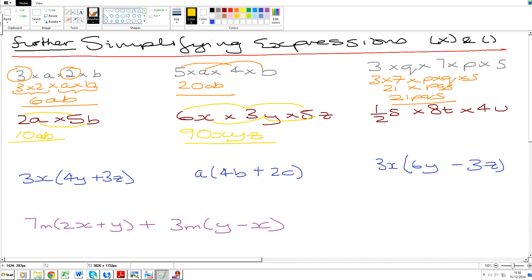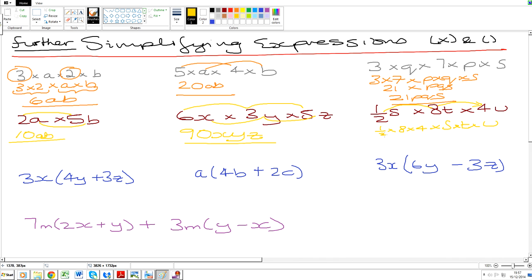Finished. Now again, we've got half s times 8t times 4u. So we're doing half times 8 times 4. This is us looking at the vision. We can rewrite it if you want to. You can rewrite it as half times 8 times 4, and then you're going to do s times t times u.